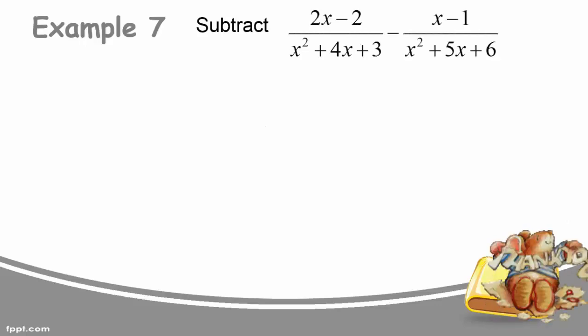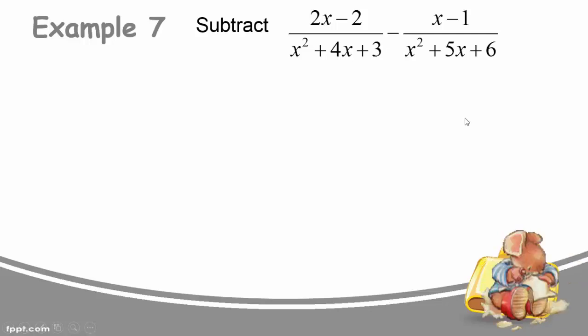Now we're going to subtract, in example number 7, these two. And as you notice, again we have a couple of trinomials. They're different trinomials in the denominator. Again, I'll work it out on the whiteboard first, and then we will look back at the PowerPoint. Now, in example number 7, we have something a bit more complicated.